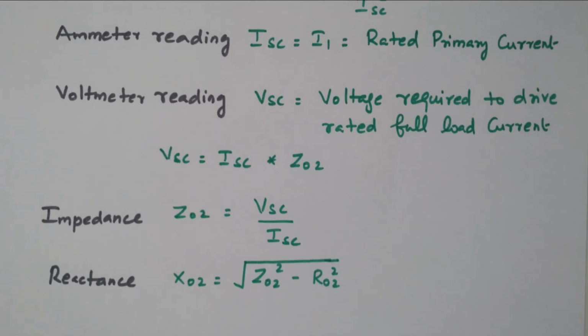Equivalent to that rated current, the voltmeter reads the short circuit voltage VSC. So from VSC, ISC and WSC, we calculated R02. From the wattmeter reading, we calculated R02. From VSC and ISC, we calculated impedance. From impedance, the reactance is calculated. By using this, we can draw the equivalent circuit, and further performance can be analyzed from the equivalent circuit.